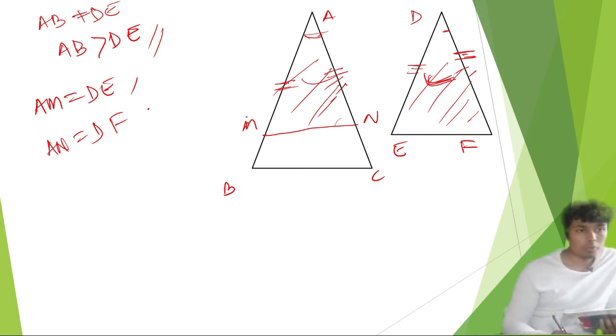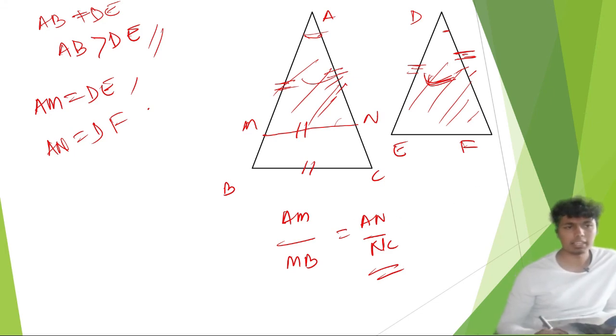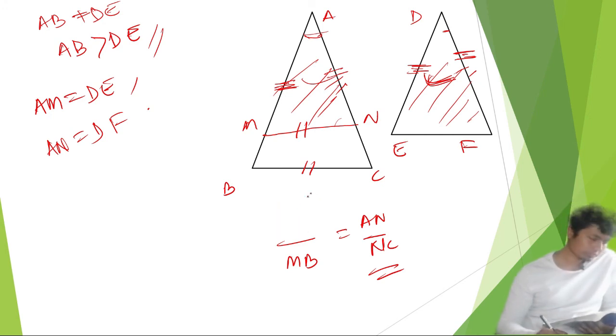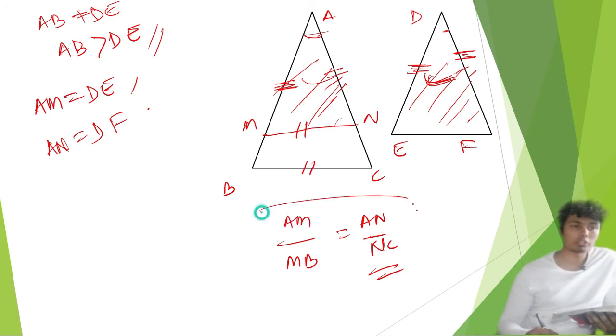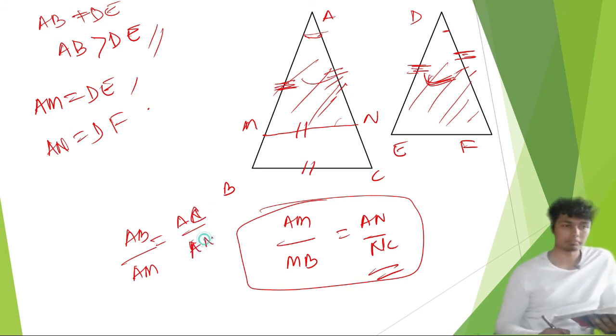Now we have drawn MN parallel to BC, so we can write AM by MB is equal to AN by NC. You know, right? It is simple. Now we know that AM is equal to DE. Like previously, by adding 1 and so on, we can write AB by AM is equal to AC by AN.